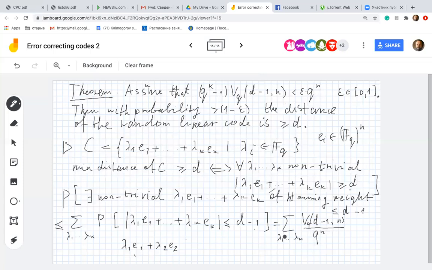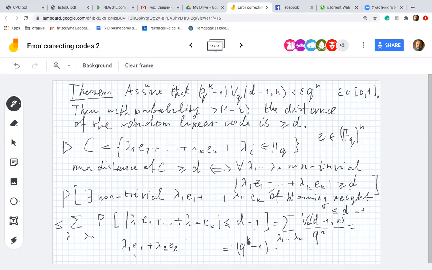And now, this probability doesn't depend on lambdas, and we have here the sum of constants, so the whole sum is equal to the number of non-trivial combinations, which is q to the k minus 1, because the total number of combinations is q to the k. Each lambda i may be chosen in q ways, and we have independently to choose k of them, minus 1 trivial combination.